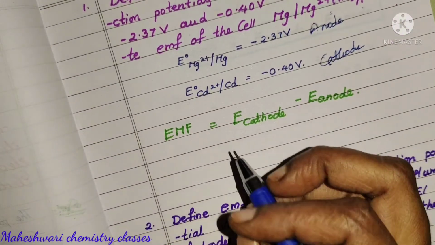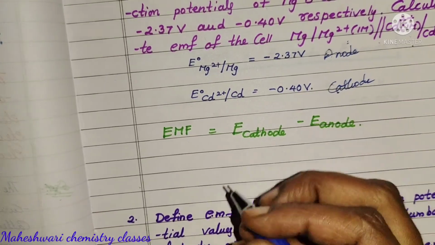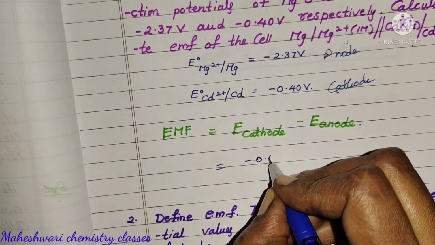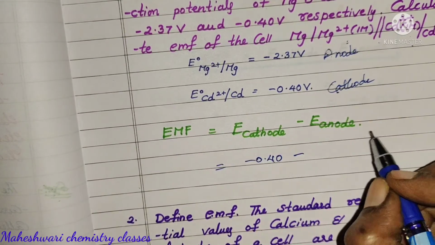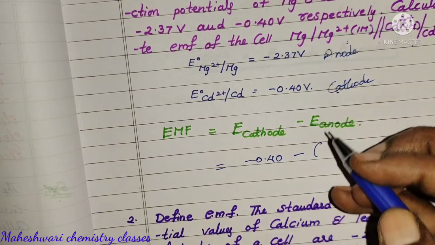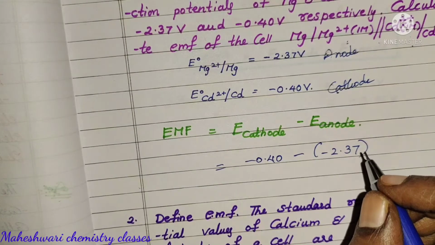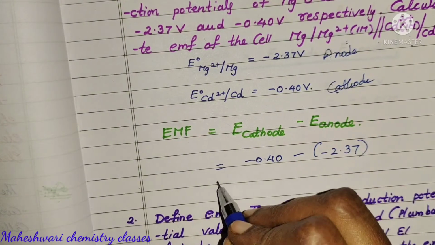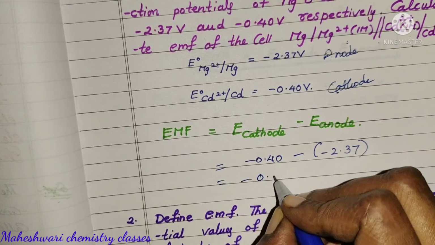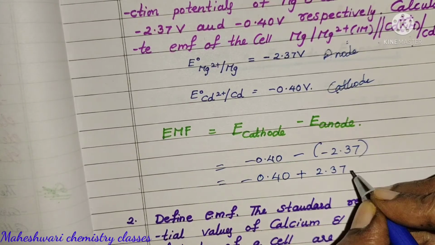Now you have to substitute these values in this EMF. See here, E cathode value is how much here? Minus 0.4. Minus of E anode, how much? Minus, already there is a minus, and again minus 2.37 volts. Now first you eliminate these minus symbols. Minus 0.4, minus into minus is plus, 2.37 volts.